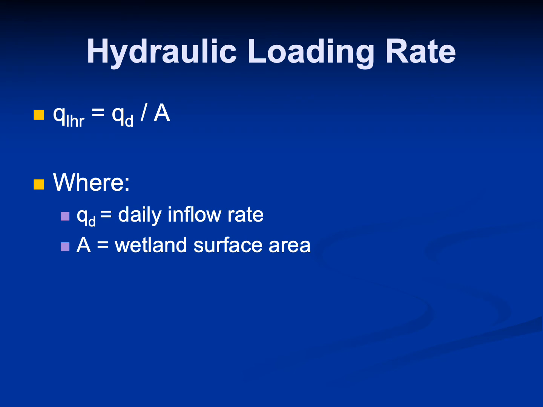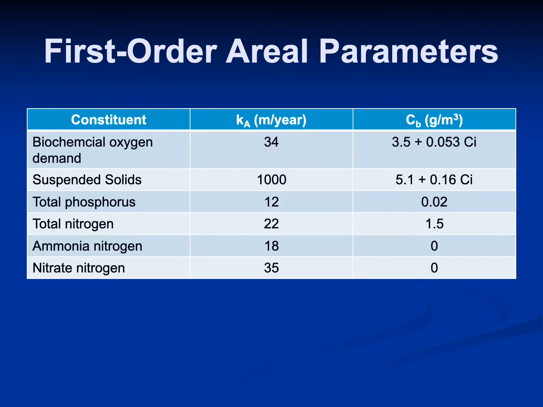The hydraulic loading rate is essentially just normalizing the mean daily inflow rate by the wetland surface area in order to estimate the depth of water being added to the wetland per day. So HLR equals Qd, which is equal to the daily inflow rate, divided by the wetland surface area, A. Both the background concentration and the areal removal rate will depend on the specific wetland being studied.